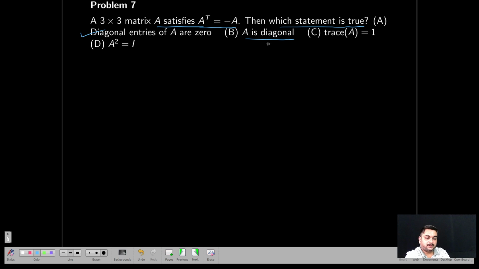A is not a diagonal matrix, because all the diagonal entries are 0. This is not true. Trace of A equal to 1, no, because all diagonal elements are 0, hence the trace will also be 0. Then A square is equal to I, no, this is also not true. The square of a skew symmetric matrix need not always be the identity matrix.